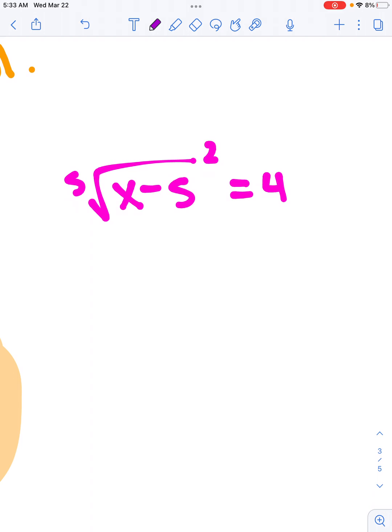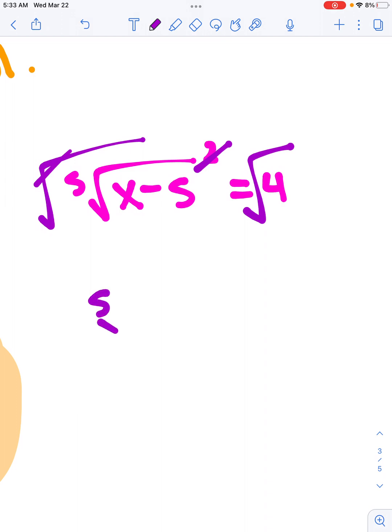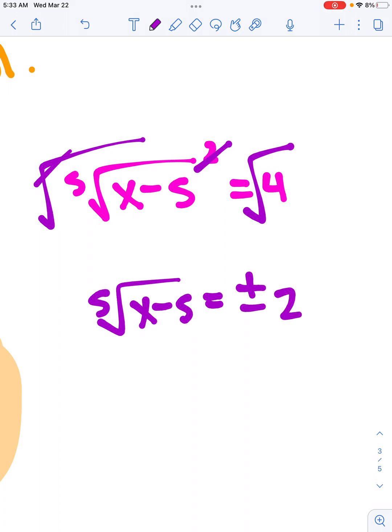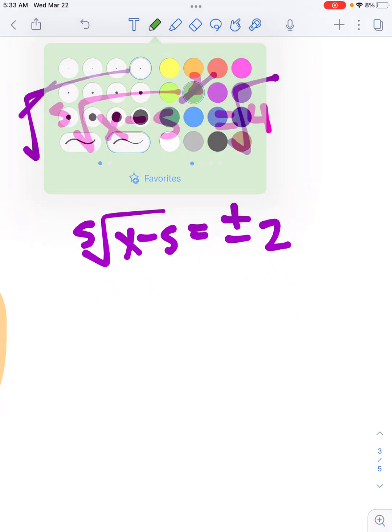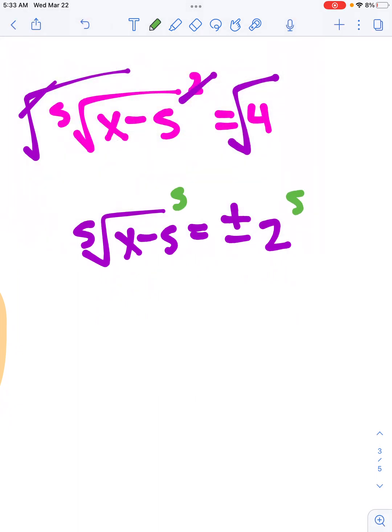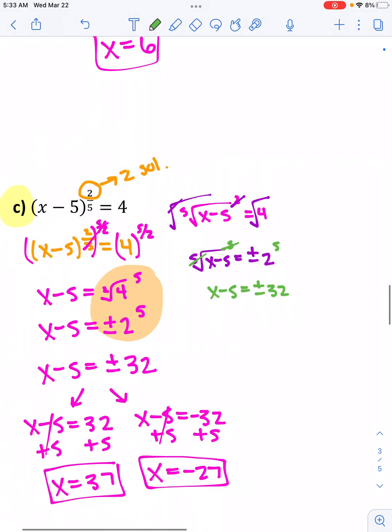So if I take the square root first to undo that 2, then I have the 5th root of x minus 5, and then I'd have the plus or minus 2 there because we undid an even exponent. And then you would raise to the 5th, those cancel, and you'd end up with the same plus or minus 32.